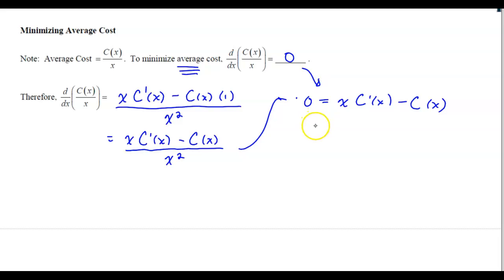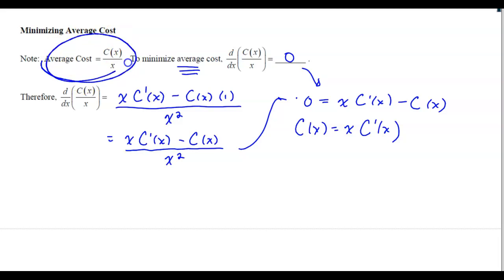If I rearrange this, I get c of x equals x times the derivative of c of x. And if I look back over here, my average cost is c of x divided by x.